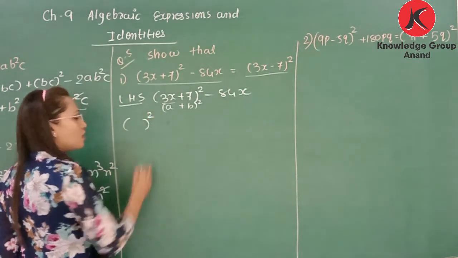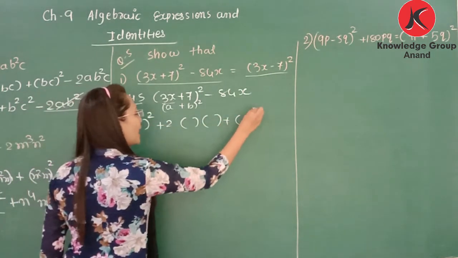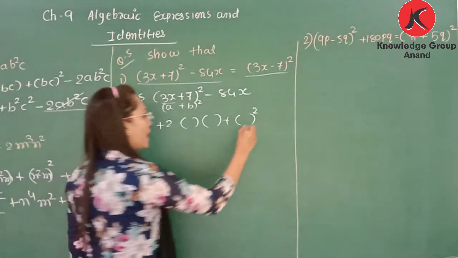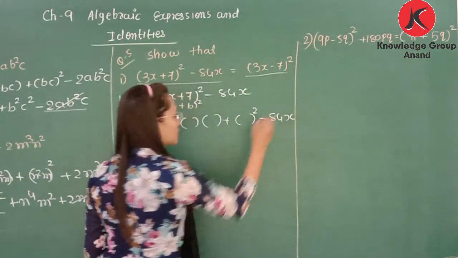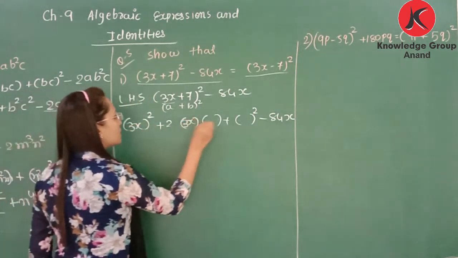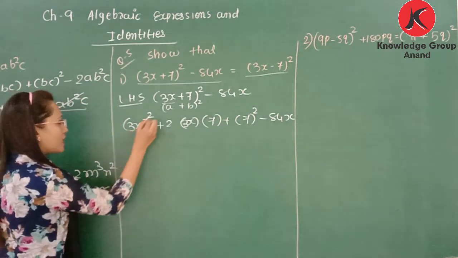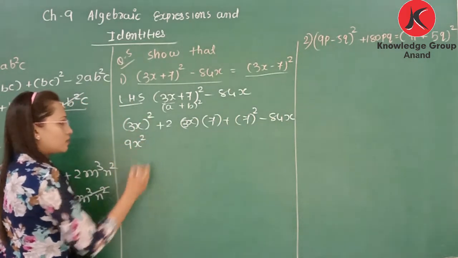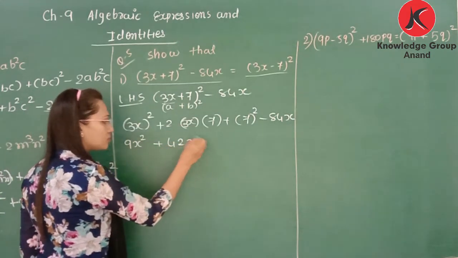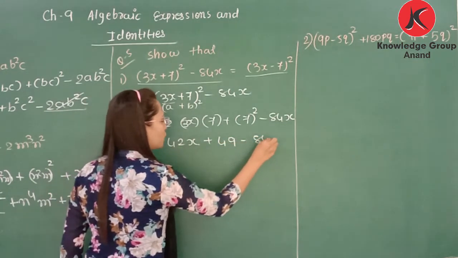It is a square plus 2ab plus b square. If you write this way, then it will be easy to write the terms inside the bracket. And last 84x as it is. Now 3x, 7 and 7. Okay. Now (3x) whole square is 9x square plus 2 3s are 6, 6 7s are 42x plus 49 minus 84x.